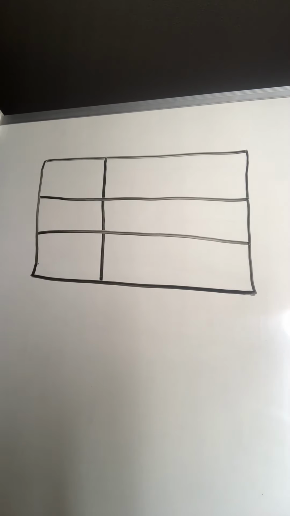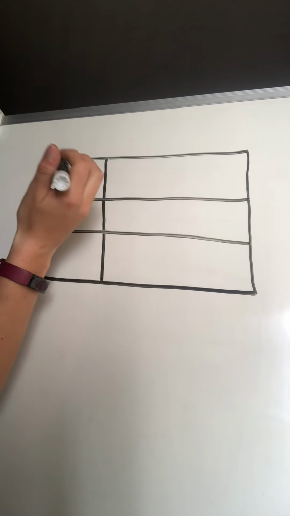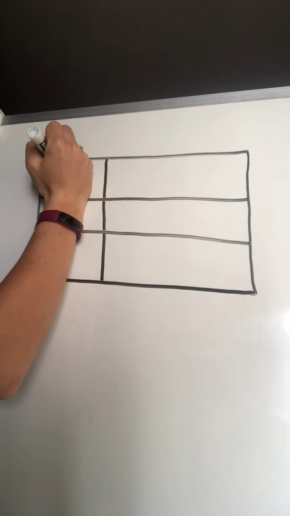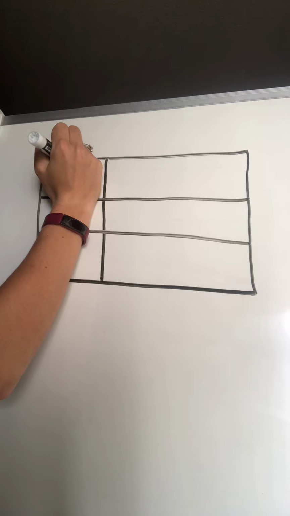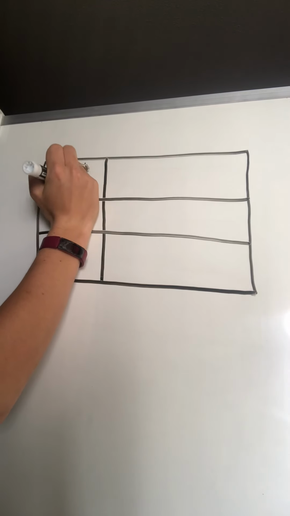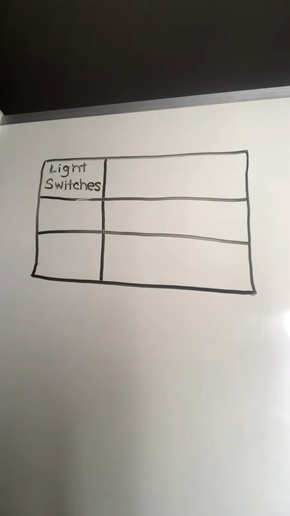Now it's time for us to input what we're going to be collecting data on. So number 1, the first thing I'd like you collecting data on are the number of light switches in your house. So we're going to go ahead and write light switches here. All right.